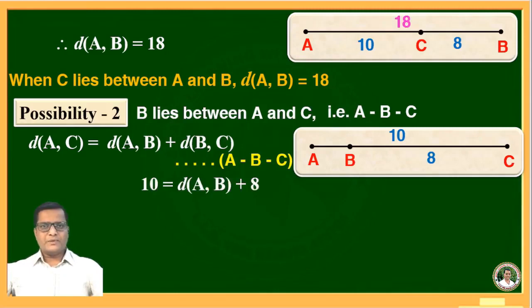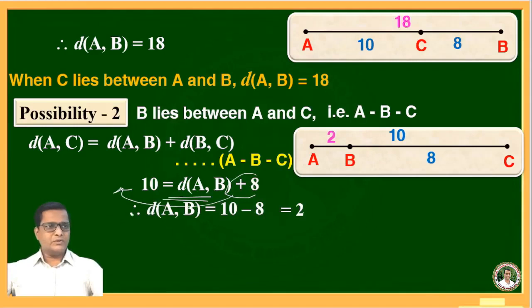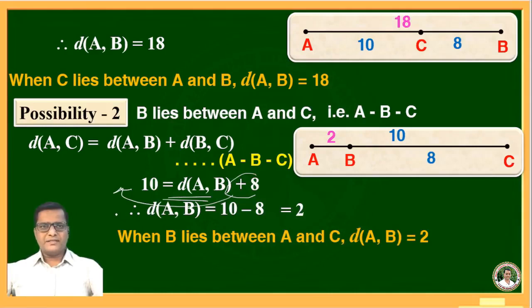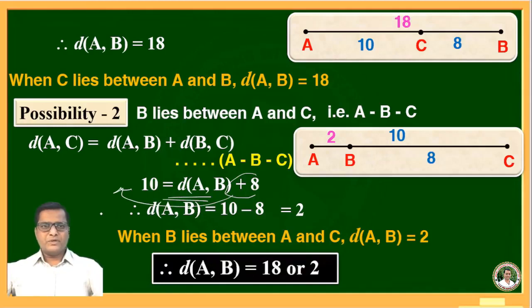Therefore, 10 is equal to distance of AB plus 8. Here, we want to find the distance of AB. This plus 8, you can transfer here. It will become minus. Therefore, distance of AB is equal to 10 minus 8. Therefore, AB is 2. Therefore, when B lies between A and C, distance of AB is equal to 2. Therefore, what is the answer? Distance of AB is equal to 18 or 2.